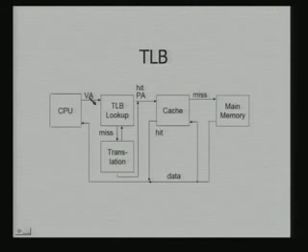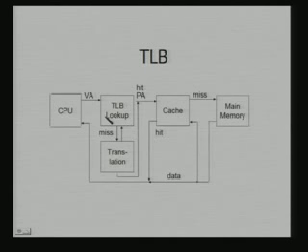So, now what we have got? The CPU generates the virtual address. You have got a TLB, translation look aside buffer. Now, if there is a miss for this, there can be a miss because I may not have the complete page table loaded.